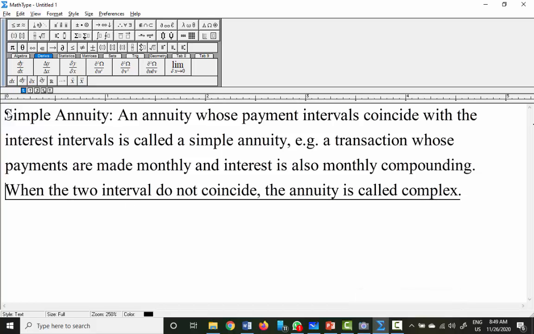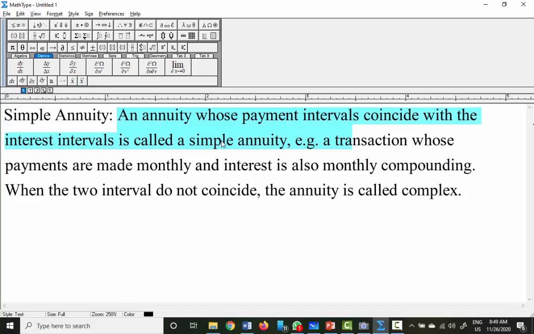Now let's check out what a simple annuity is. An annuity whose payment intervals coincide with the interest interval is called a simple annuity.